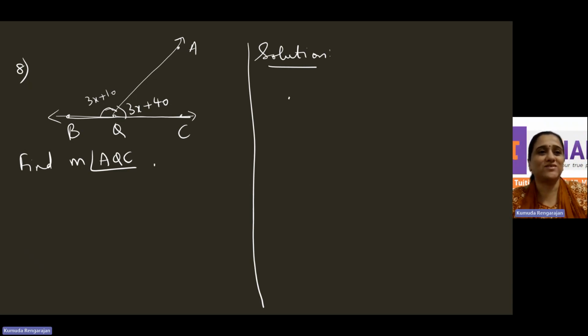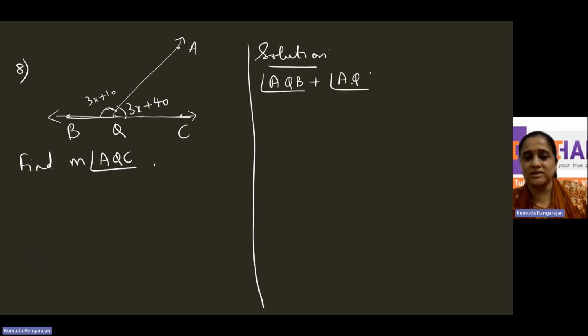Yeah, Anil, what's the solution? How will you start? Correct. So, do you all agree that angle AQB plus angle AQC is equal to 180 because they form a linear pair?